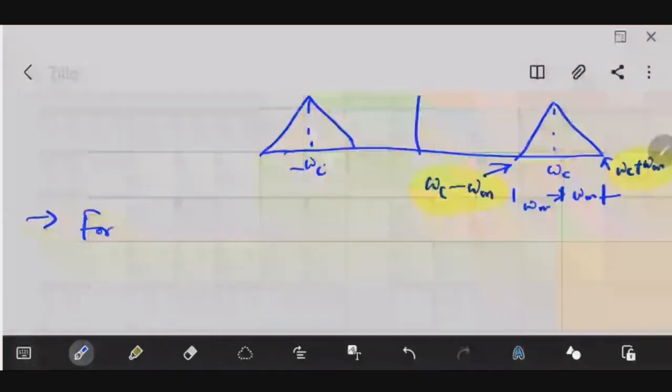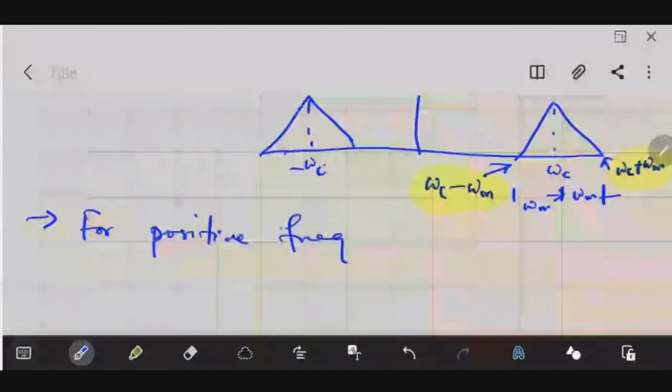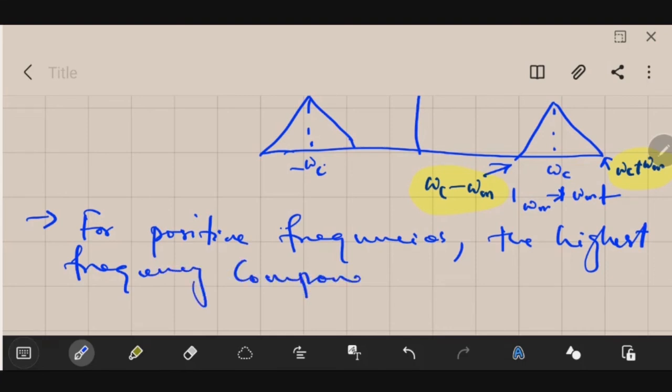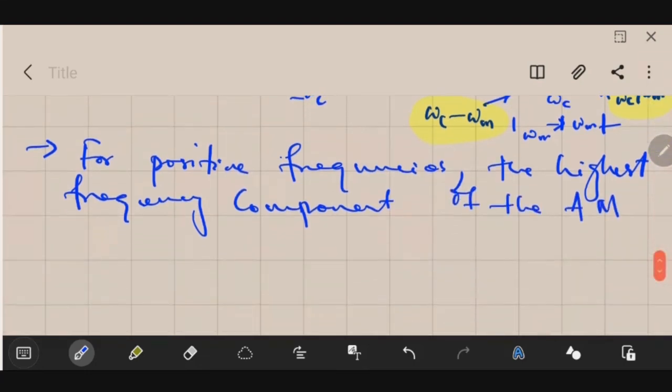Now you could note it. For positive frequencies, the highest frequency component of the AM wave equals how much?